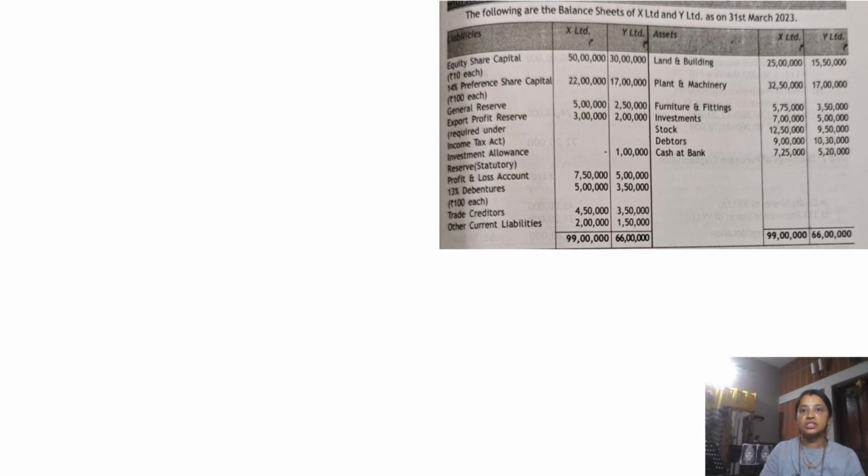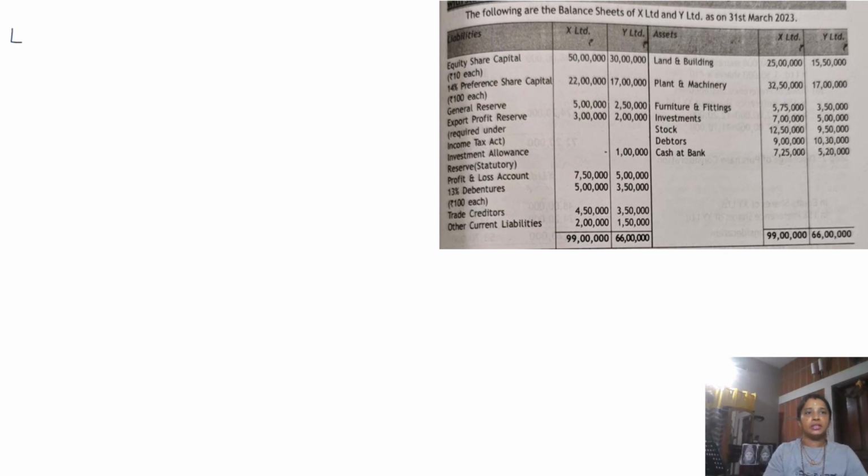So the first one, so all assets account debit to outside liabilities to statutory reserve to business purchase, and then we find out the balancing figure. Since this is amalgamation in the nature of purchase, if you get the balancing figure in the debit column, it will be called as goodwill. If you get the balancing figure in the credit column, it will be called as capital receipt. So let's record the assets one by one.